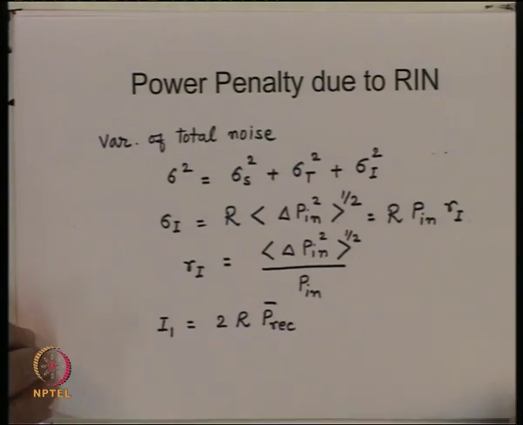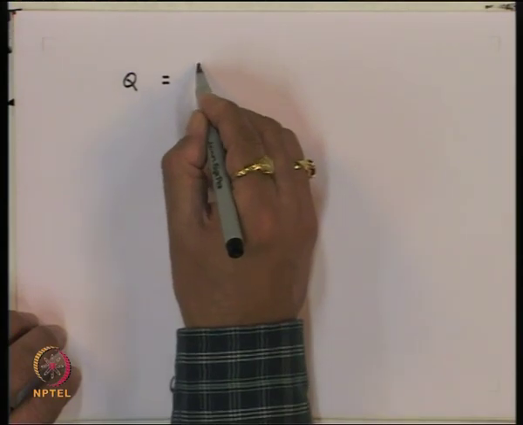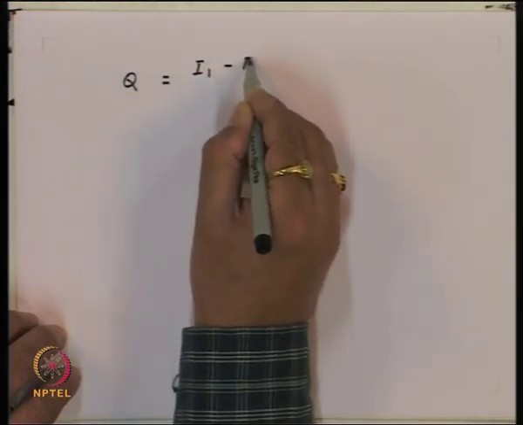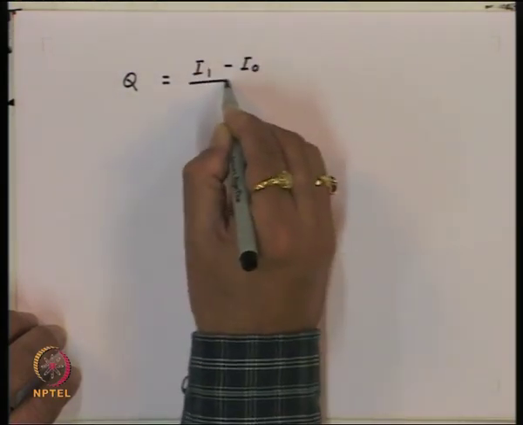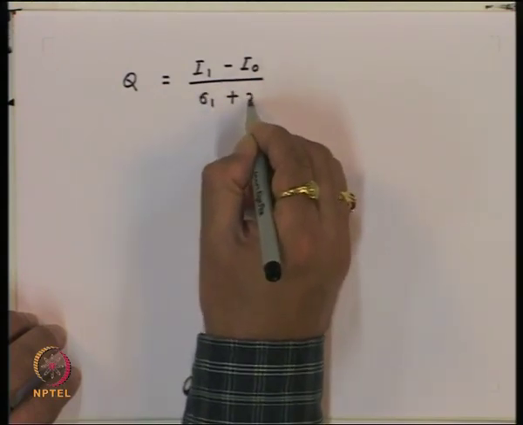Then the Q factor which we have for this case will be Q equal to I1 minus I0 divided by sigma 1 plus sigma 0.